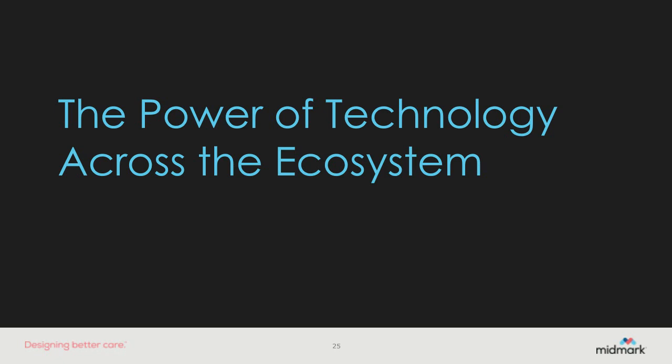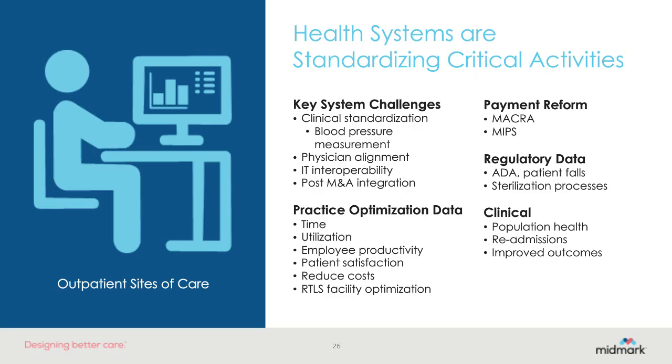So on the next slide, you'll see that we think there's a real benefit to standardizing the critical activities. In lean methodology, this is called standardized work. It's very repeatable. Now, the ambulatory environment can be anything but predictable and can have a tremendous amount of variability, but there are elements of that care that are done on a very, very consistent basis that can be optimized in a way that you know they're going to be done right every time.